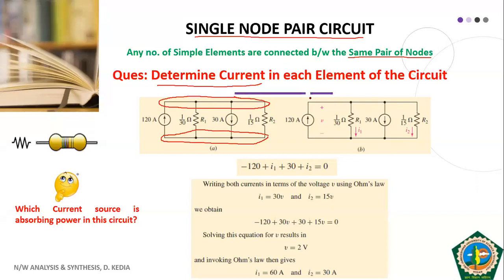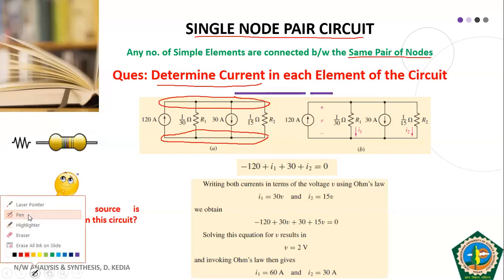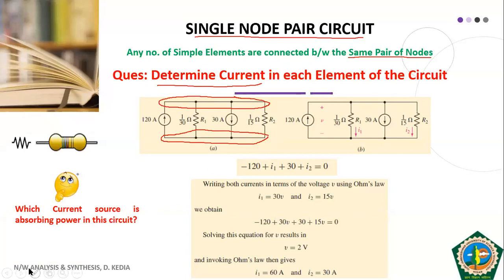At the upper node we will apply KCL. If we apply KCL at the upper node, 120 ampere is entering into it. So this is your -120. I1 is going out of this node, that's why +I1. 30 is also moving away from this junction, that's why +30.